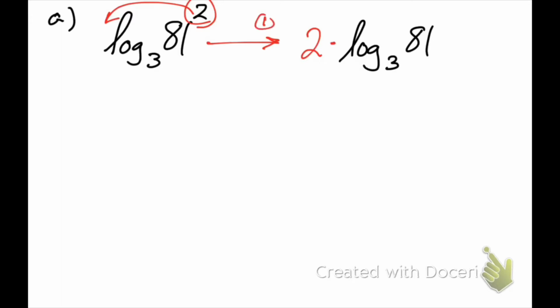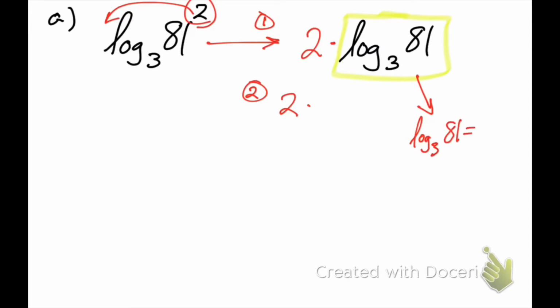That's step 1. Now step 2, I'm going to solve this logarithm. But we can't forget about the 2 here. So I have 2 times whatever this logarithm is solved as. So I take log base 3 of 81, set it equal to x, let's recycle. So 3 to the power of x equals 81.